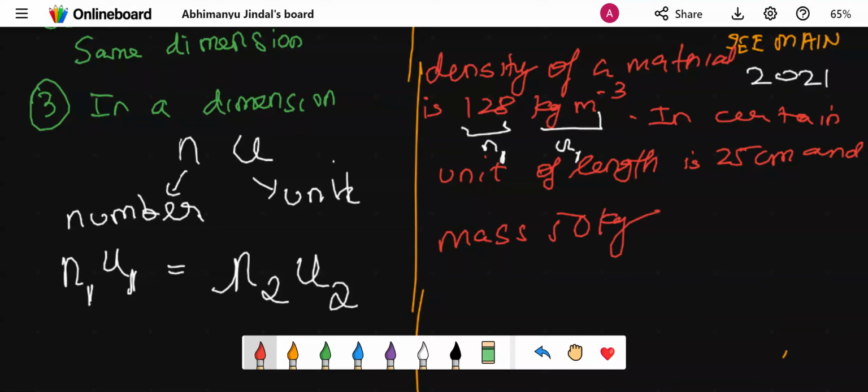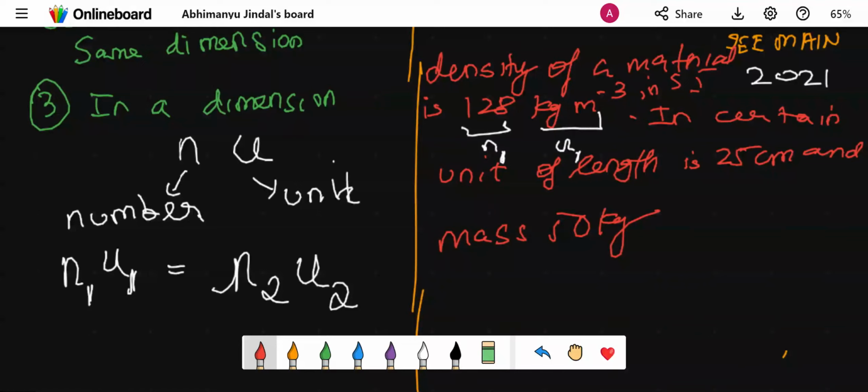So density of a material is 128 kg by meter cube in SI unit. Yeah, this is an SI unit. But in certain units, length is 25 and mass is 50. Then the numerical value of density is, right.